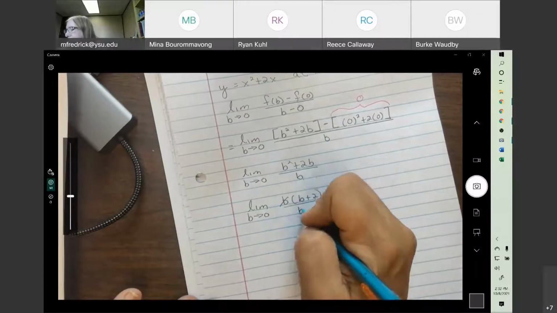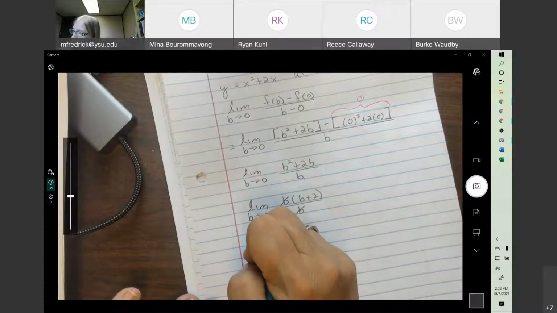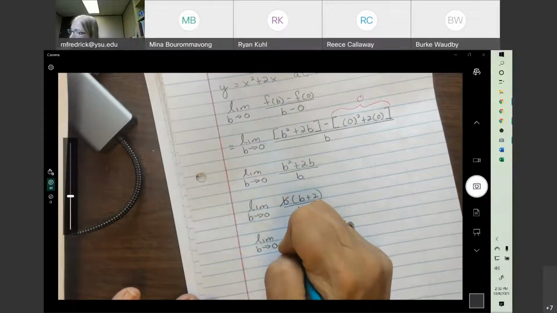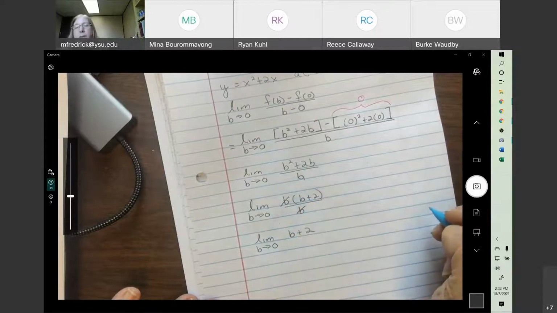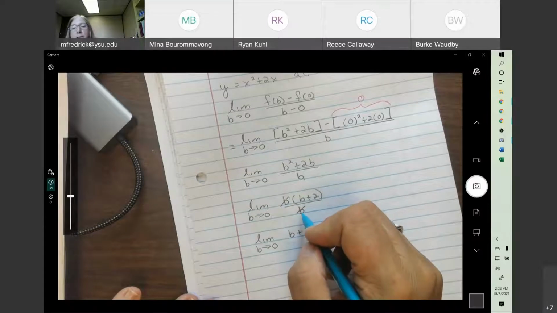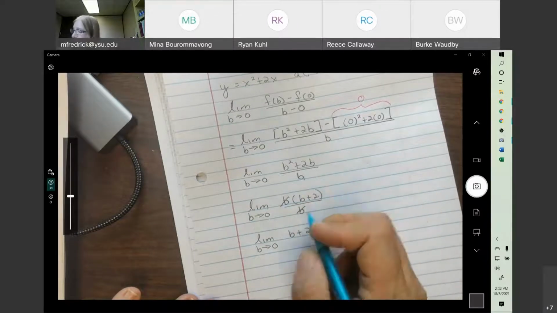And then these two b's will cancel. Now that the b that was giving us a 0 in the denominator is gone, we can plug the 0 in.